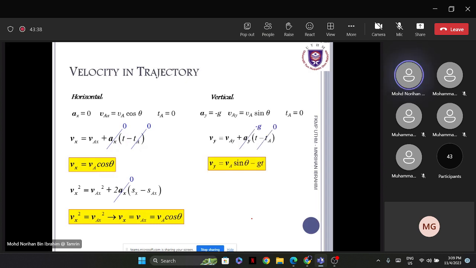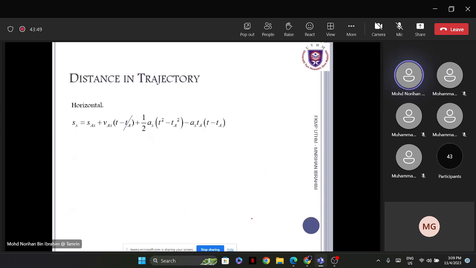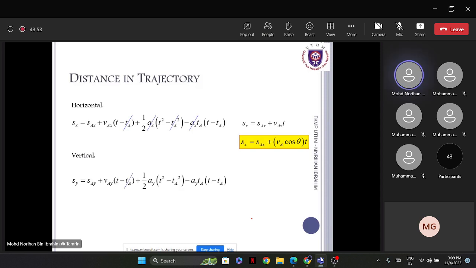When we consider the motion of any particle or object when it travels from initial to final positions, sama je sebenarnya ni. Yang ni sebab Y dia ada komponen dalam komponen X dan juga Y, dia nyatakan ada this application of trigonometric functions, VA sin theta and VA cos theta.